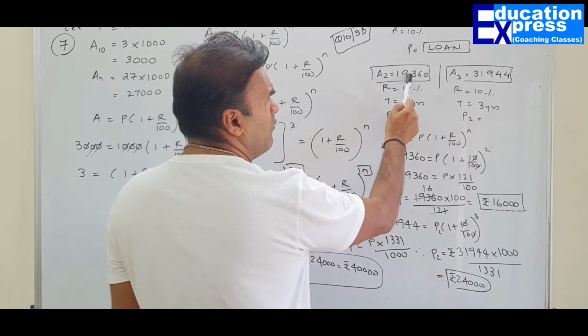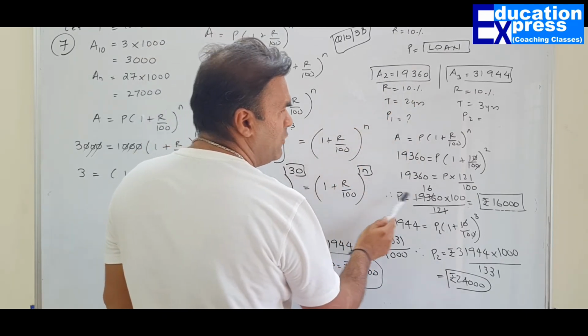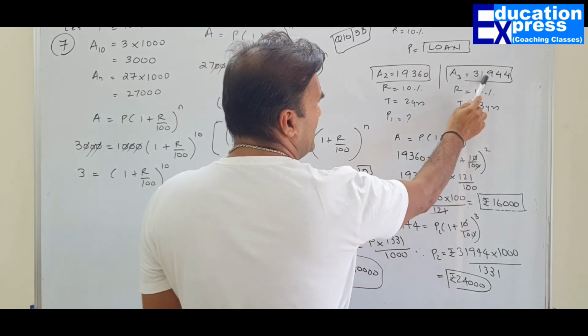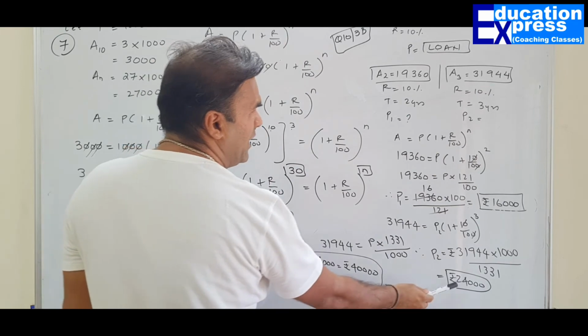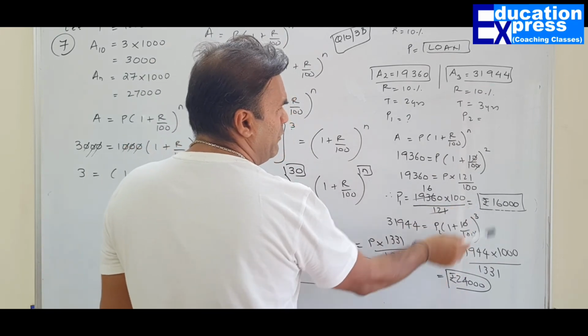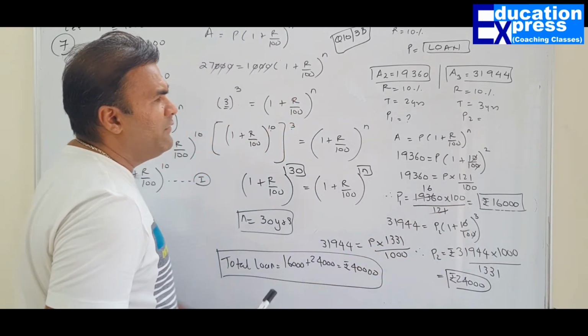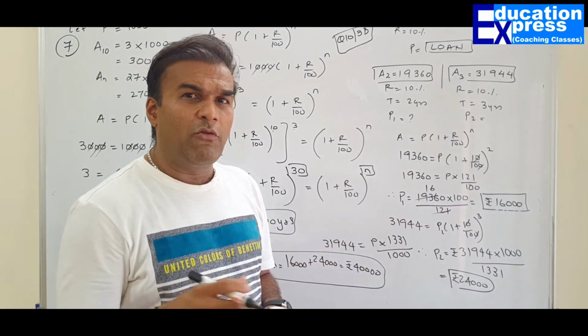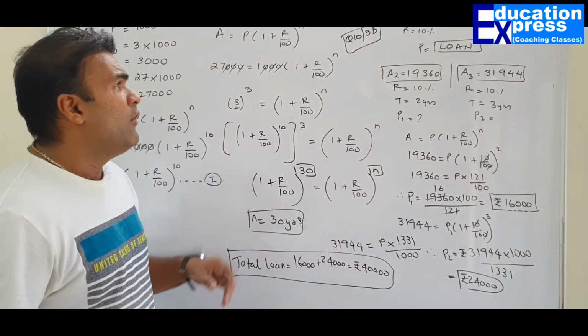So let us find out what was the principal portion. I found the principal portion for this part, which is 16,000. Then I found the principal portion for this part, which is 24,000. So both principal portions put together give you 40,000. Very simple one, you just need to be clear about your own analyzing skill of doing this question.